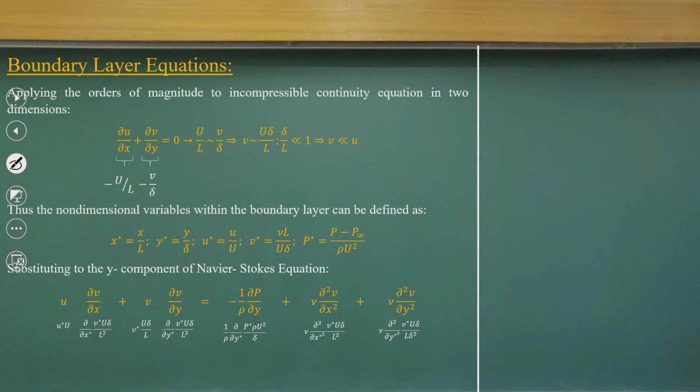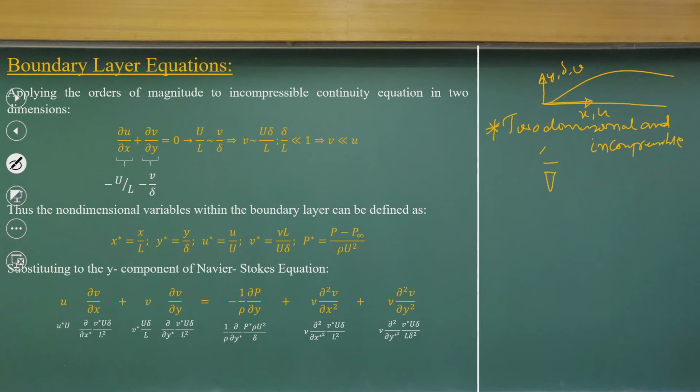First, we have the components in the boundary layer: this is x, this is u, this is the y direction, this is your thickness, and this is v, the velocity component. Now, because it is a two dimensional and incompressible flow, again I am writing the basic equation, as I have put it many times. That is what you have to remember.